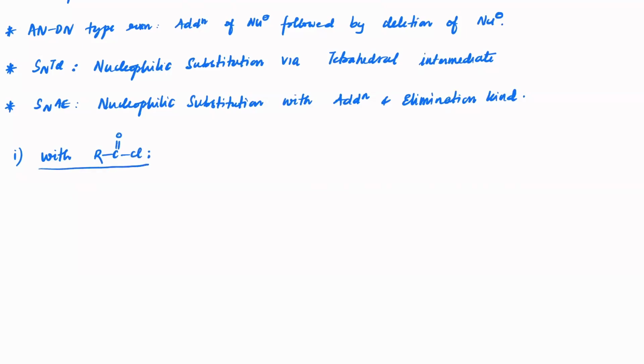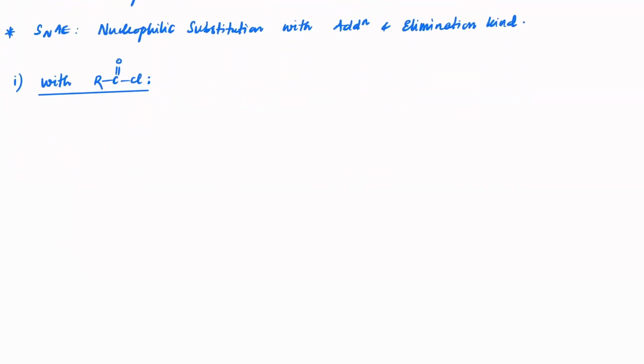So let's see how the reaction works here. First it will be RC double bond OCl plus R dash MgX. This would give us RC double bond O R dash.